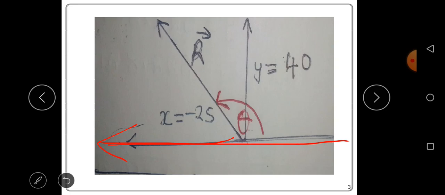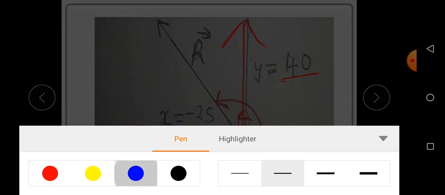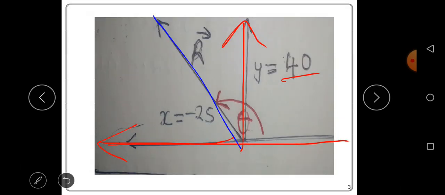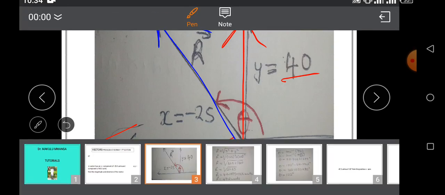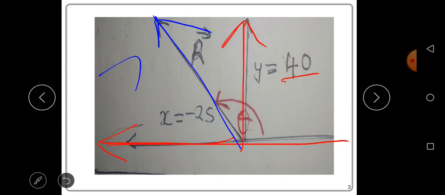Then the y component is positive, so it's going up. So we can tell that the vector is in the second quadrant. This is the diagram that we have just drawn here.